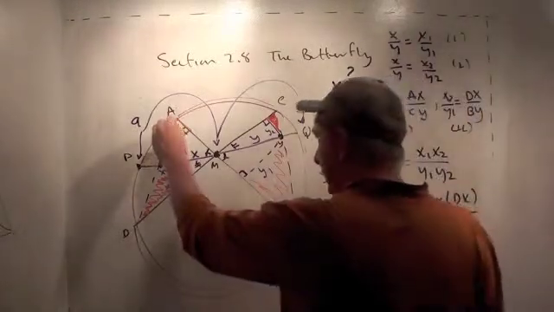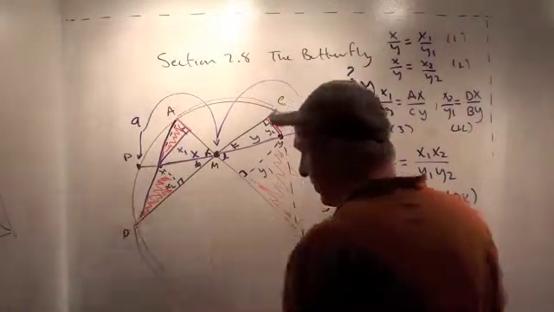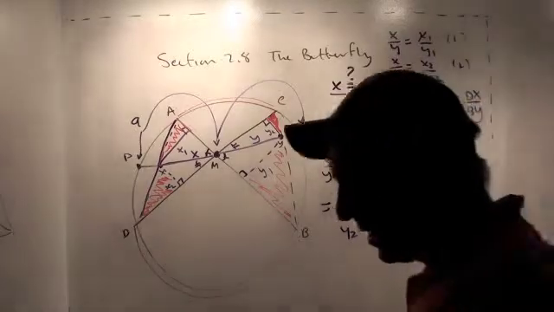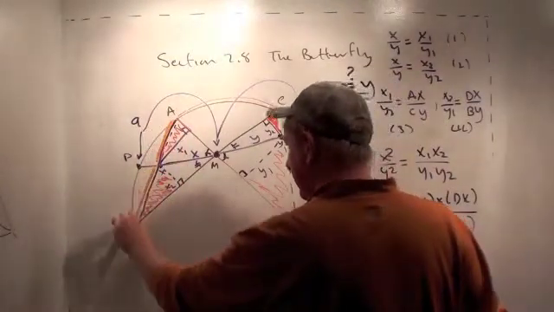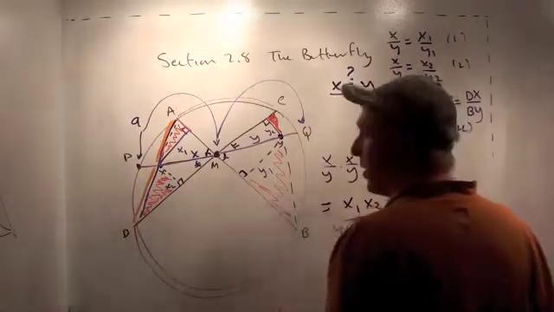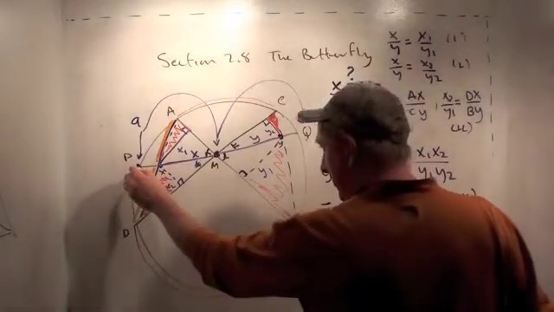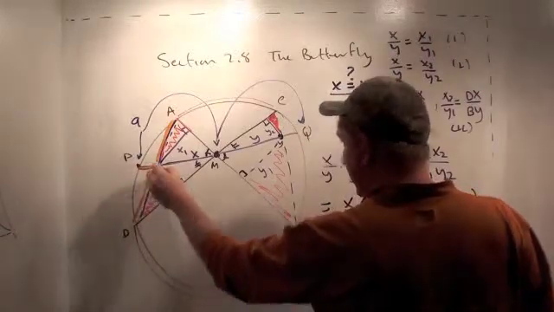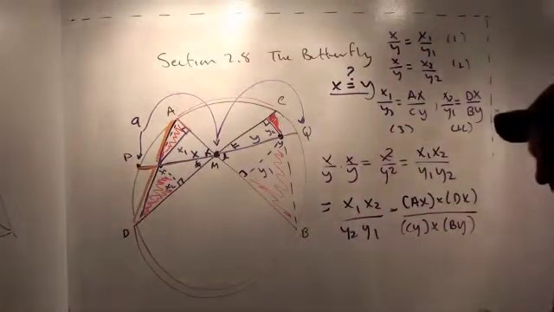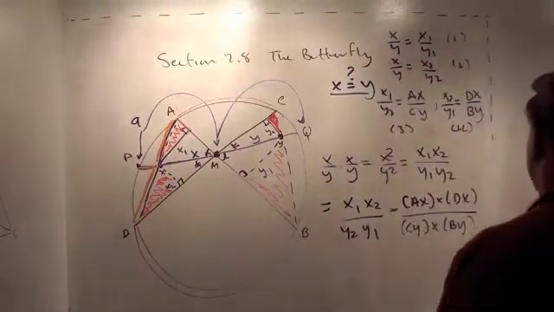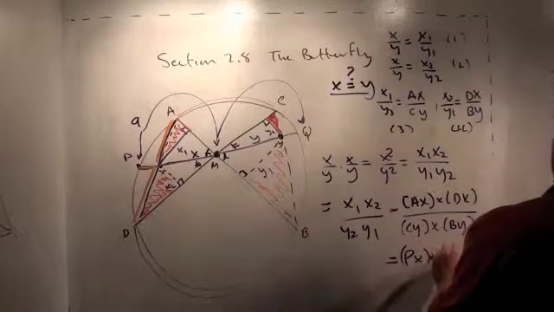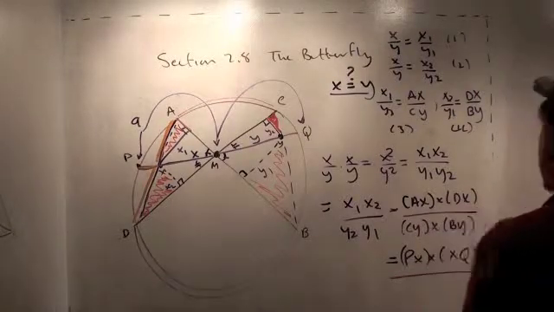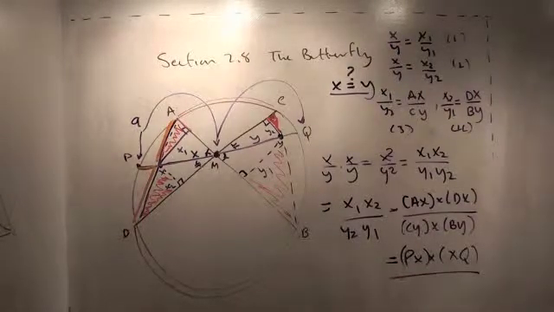Well, AX times DX, let me pick a different color, sorry about that. How about orange? AX times DX is just equal, by our theorem about intersecting chords, to PX times XQ. So, back to purple. So this equals PX times XQ divided by, with exactly the same reasoning, CY times BY.